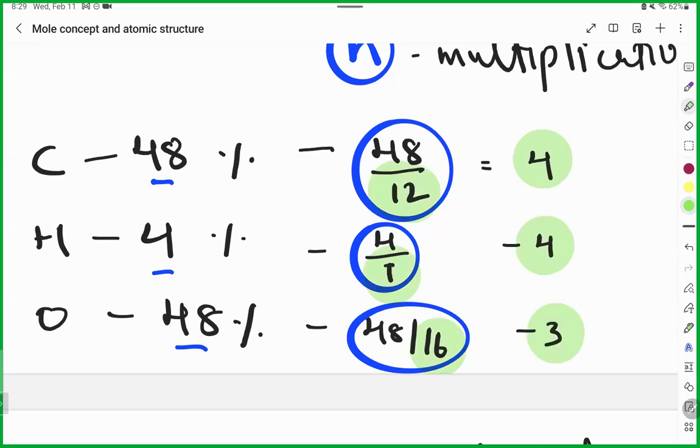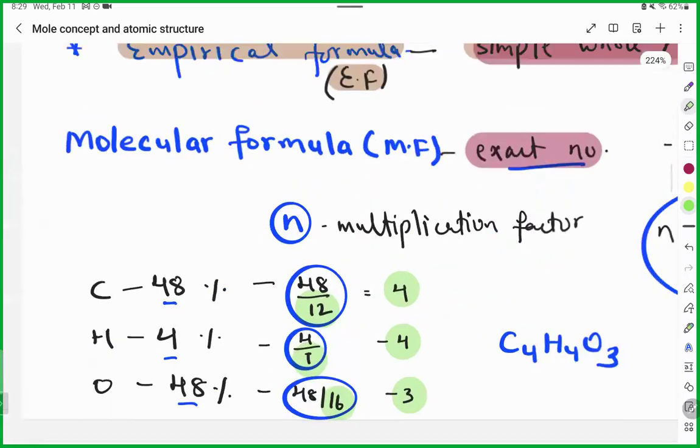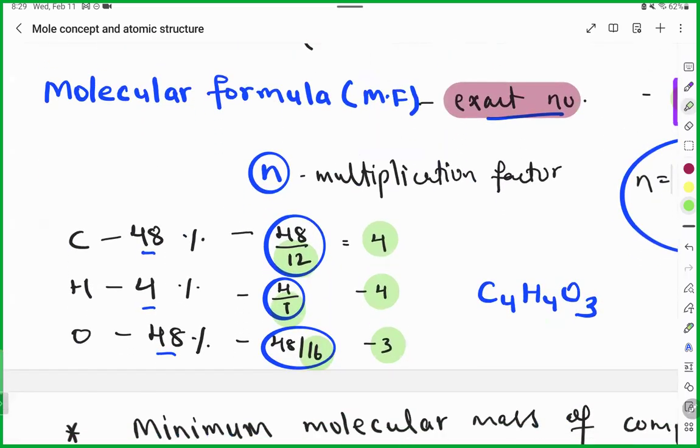if you want to divide further, you can divide with a common number. Example, if you get 4 4 8, you can divide with a common number 4. Make sense? But here it is already present in the simple whole ratio. In case if you get 4 4 8, you have to further divide with a common number. 4 ones are 4, 4 ones are 4, 4 twos are 8.